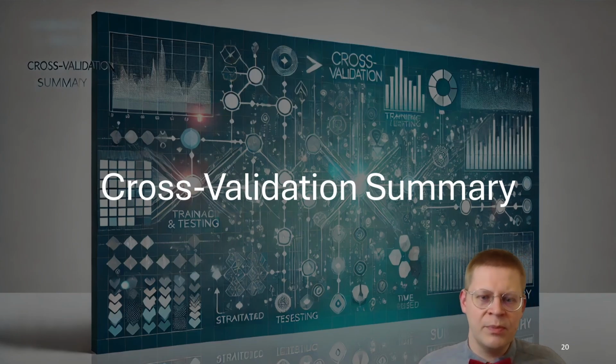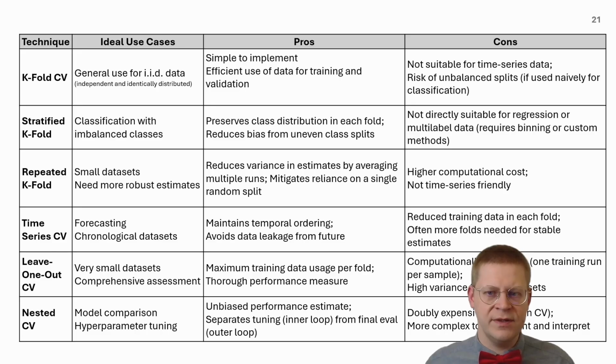So let us sum up what we've learned about cross-validation. We can compare different approaches. K-fold is our go-to method for general machine learning tasks where data is independent and identically distributed. Its main advantage is simplicity and efficient data usage.